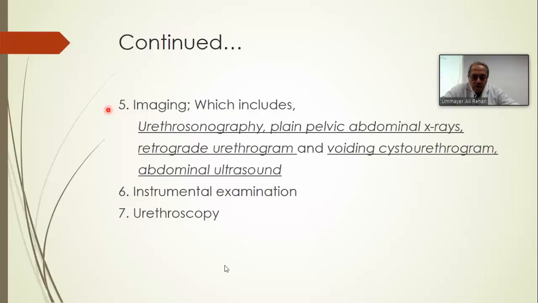For instance, urethrosonography can give you the length of the stricture, but it might not give you the exact configuration, meaning whether this is an annular stricture or a stricture which has some spongiofibrosis. To what extent or depth the spongiofibrosis is, it cannot give you that kind of a picture. So there are other methods also.